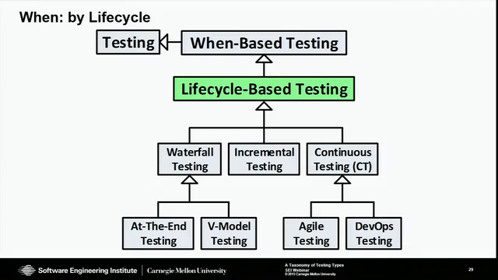A really obsolete approach that hopefully no one's still doing is you wait until the very end to start doing your testing. Another thing that you can do is use the classic V model, where you're coming up with your requirements, your architecture, your design, and then you're implementing it, units, subsystems, and systems, and so on, and testing basically in that order.